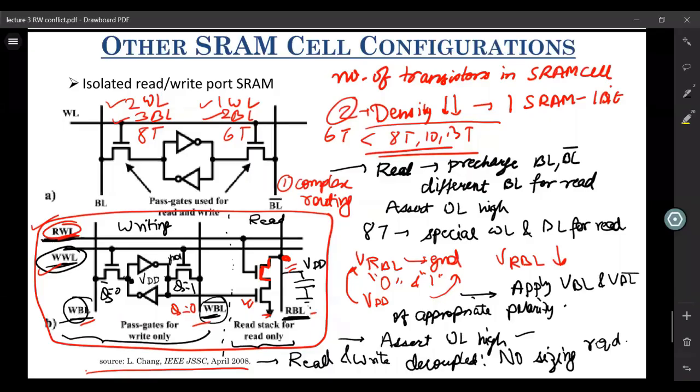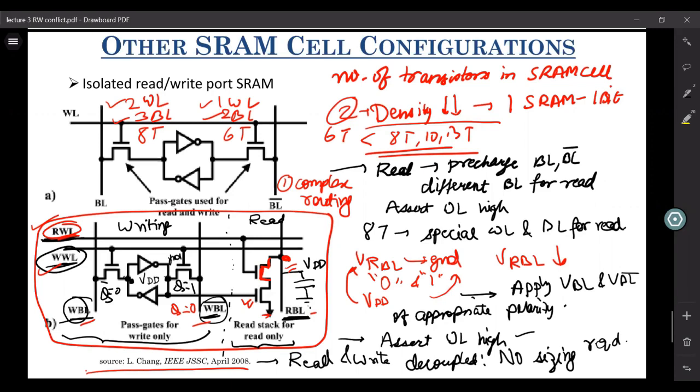So you may get an exam question where I give you some SRAM cell which you will be seeing for the first time, and then I may ask you to comment about the possible difficulties or demerits of this SRAM cell and the possible benefits. The parameters that you look at while answering those questions would be routing, the complexity of the routing, and the density.